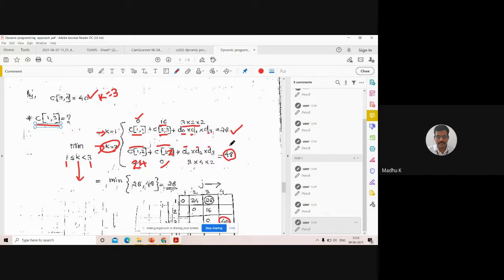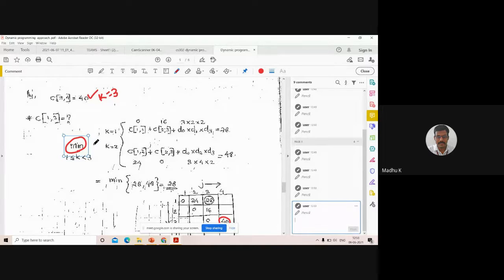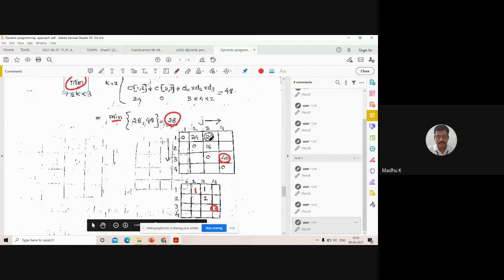Then we want to take the minimum. The minimum of 28 and 48 is 28. So C of 1 3 is 28.